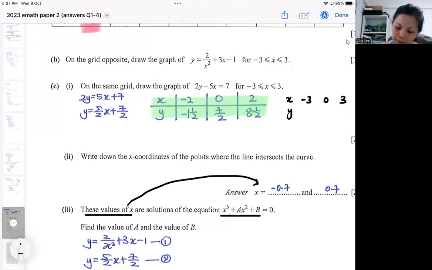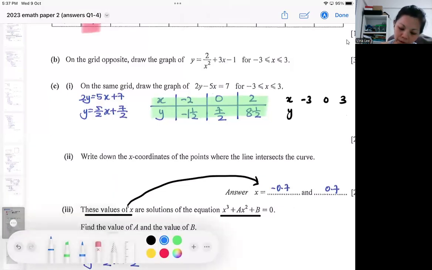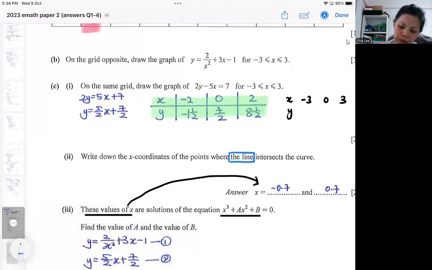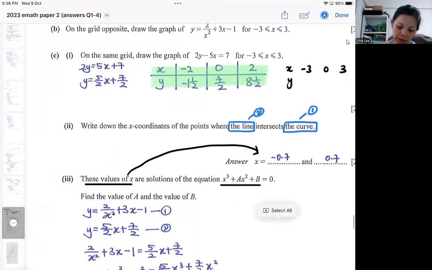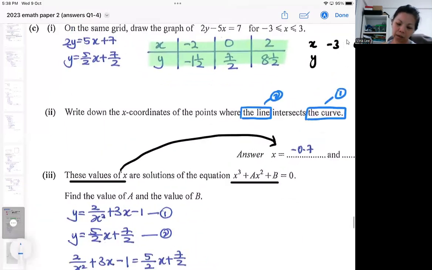So a lot of people will be like, then how do I do it? Okay. So if you want the equation, you got to apply simultaneous equation. This is an intersection, so this is equation 1, this is equation 2. Do the simultaneous. Try to make the simultaneous look like a cubic equation eventually.